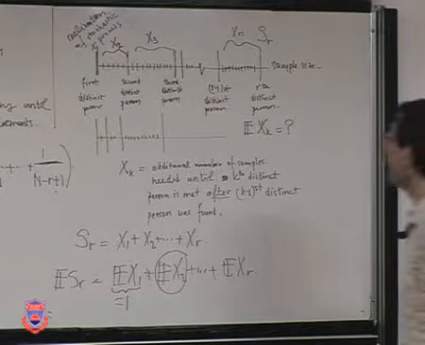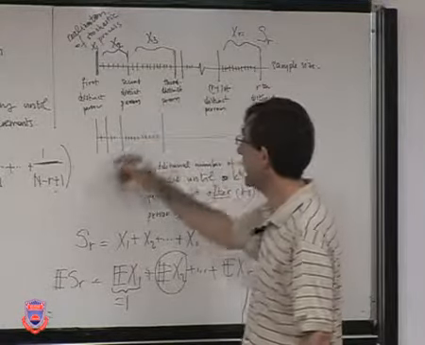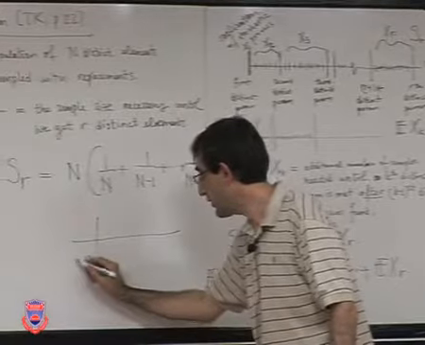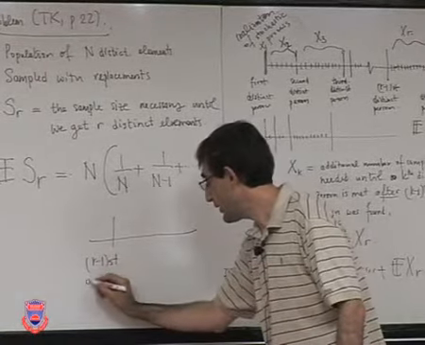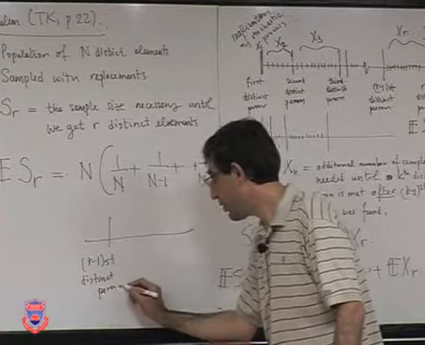So xk is like what? It's going to be somewhere here. Let me just take that part. So you have just met the R minus first distinct person. Now you are actually counting.